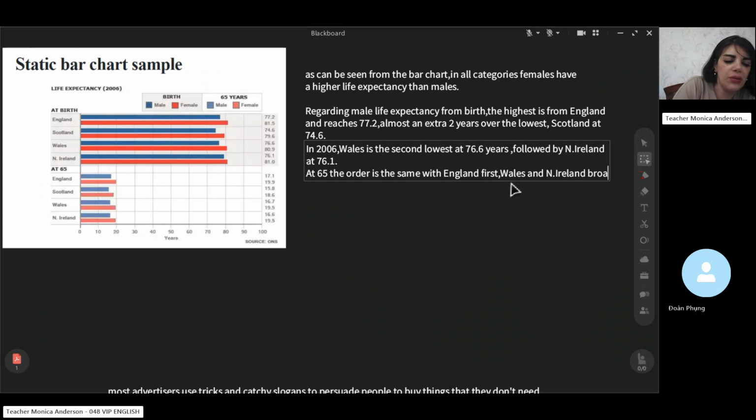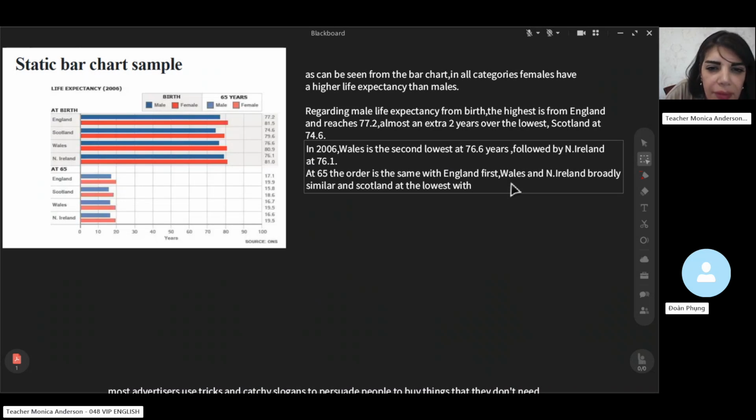In a general way, similar. And the last one is Scotland, at the lowest, 0.8 years of life expectancy.